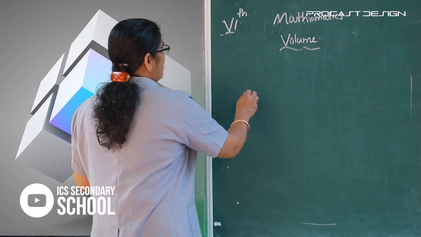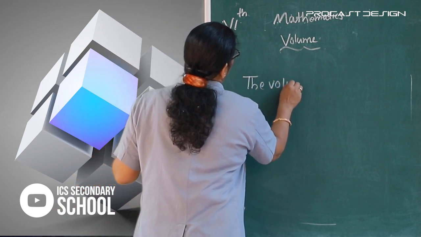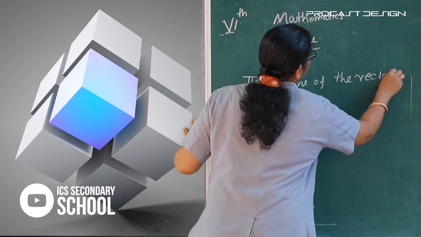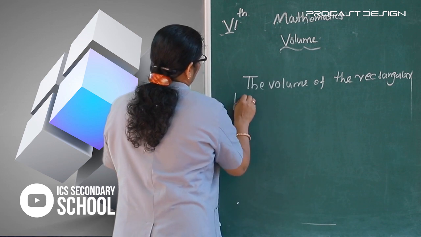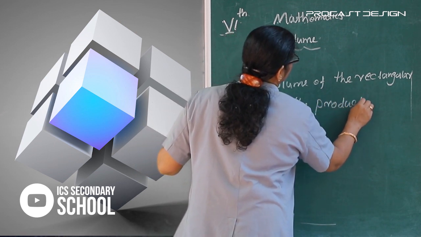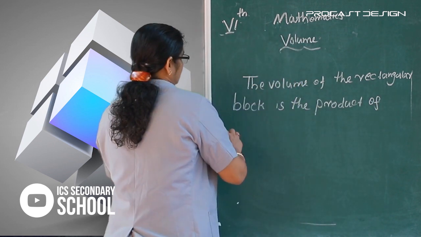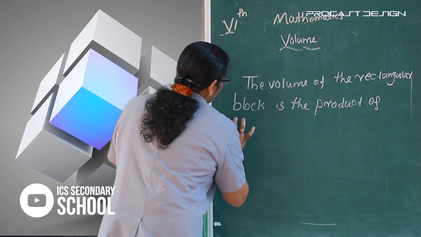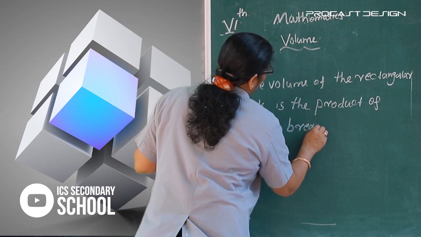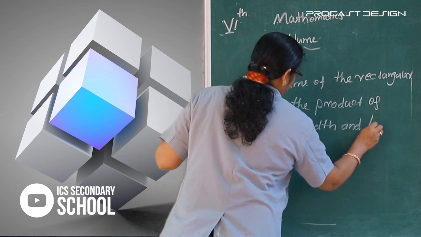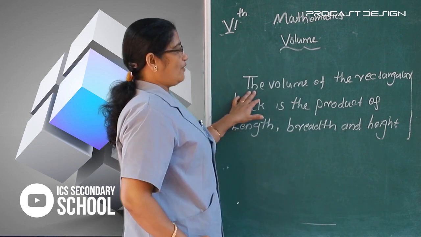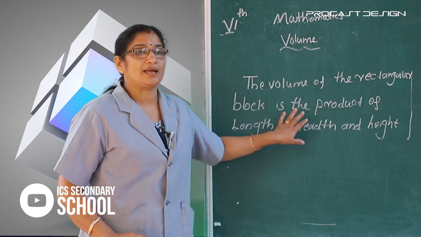Okay, write down: the volume of the rectangular block is the product of length, breadth, and height.